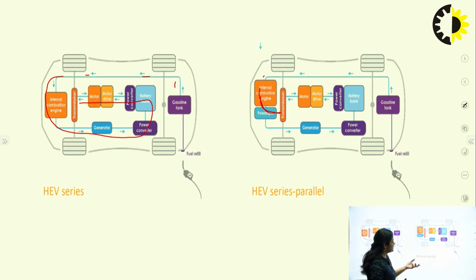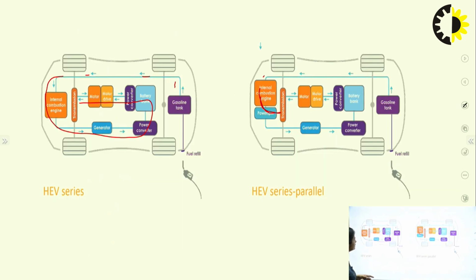This will give you better results than the hybrid electric series or hybrid electric parallel. If you combine the series and parallel, the losses will be reduced, and we can improve the performance of the vehicle.